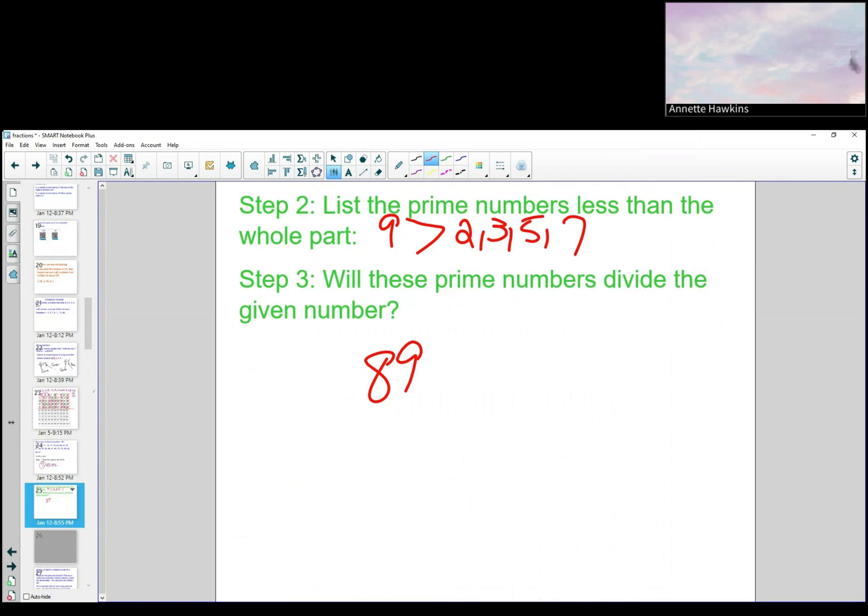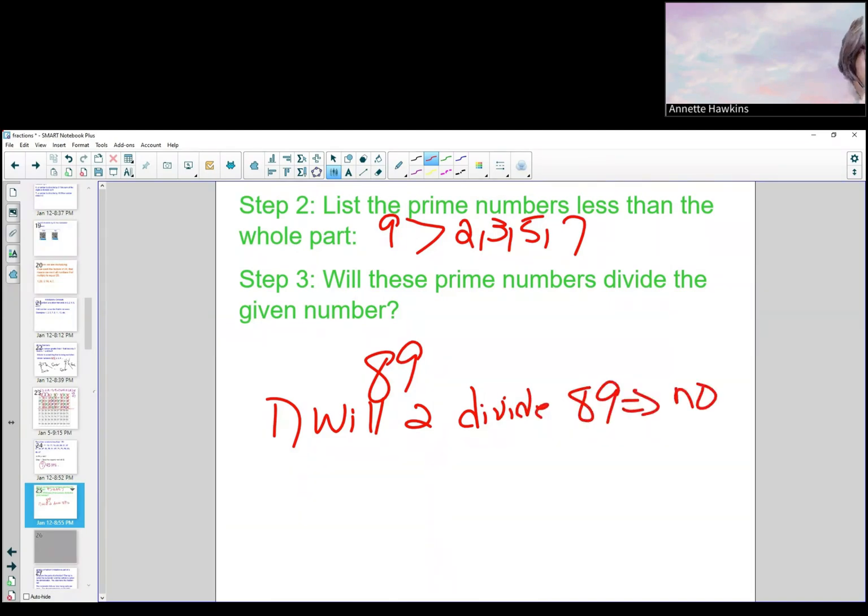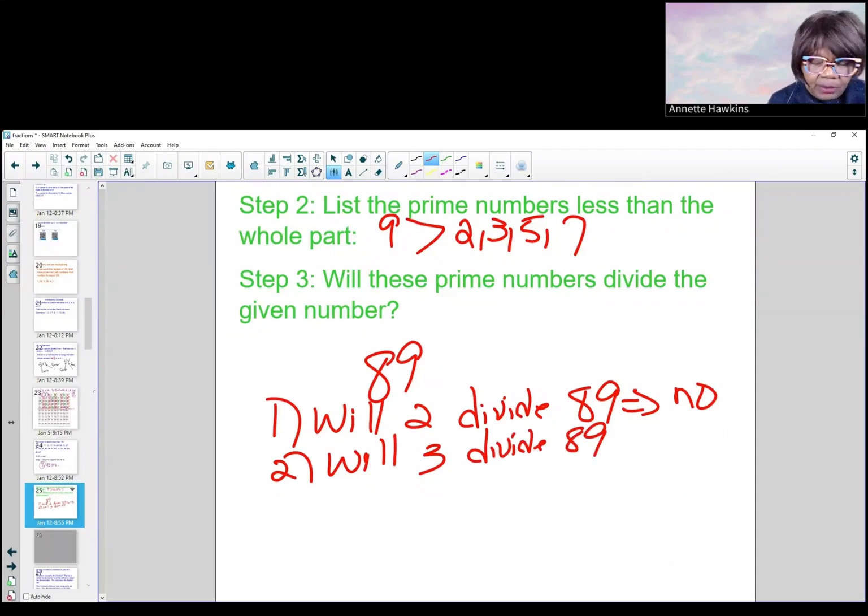Okay, so will 2 divide 89? No, because 89 is not even. Will 3 divide 89? Okay, let's add up the digits.